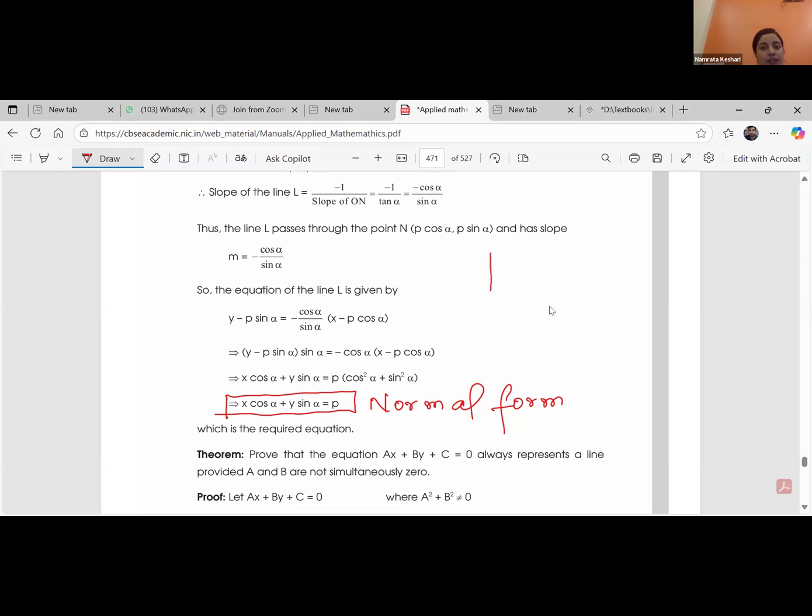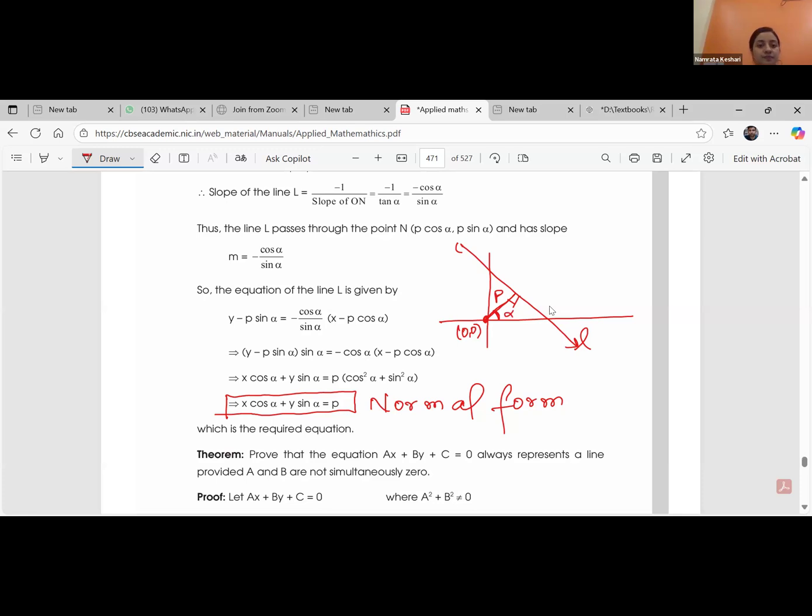So again I am repeating, coordinate axes will be there, and there is a random line L. The perpendicular distance of L from the origin is P. And what is alpha? The perpendicular which we have dropped from the origin makes angle alpha with the positive x-axis.